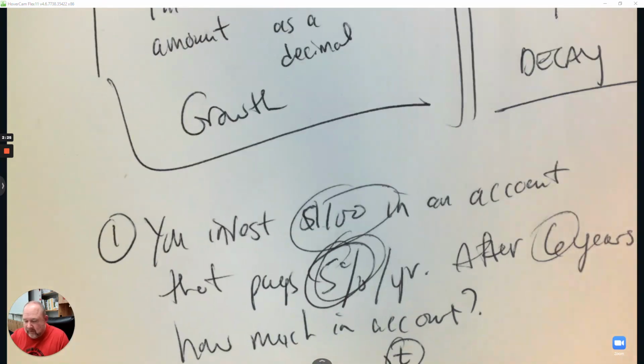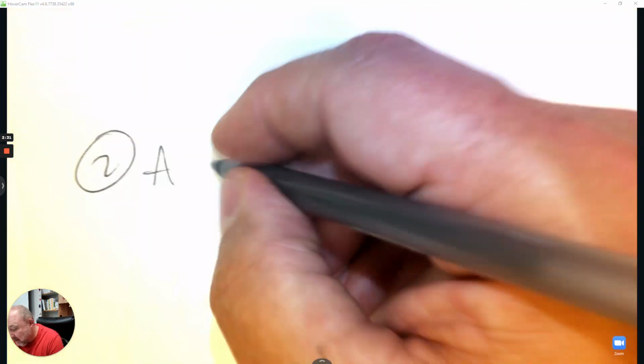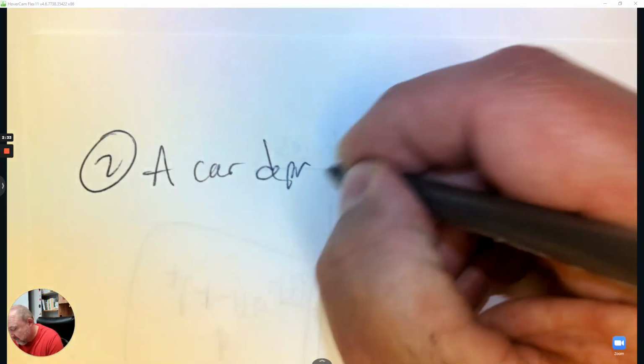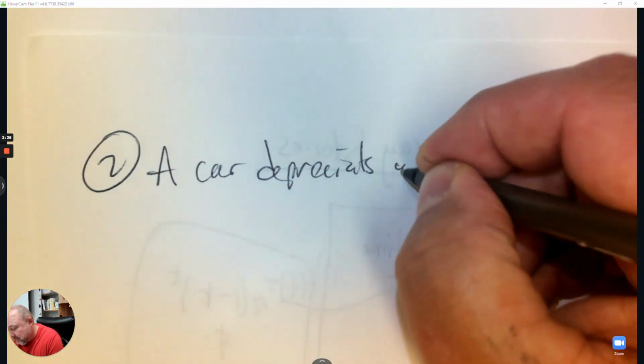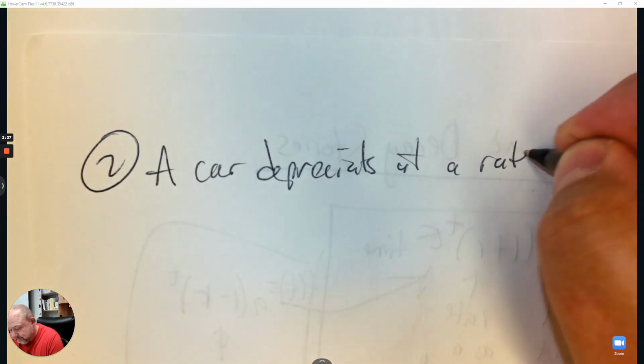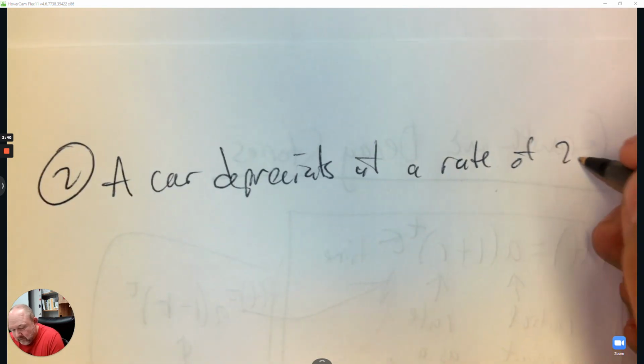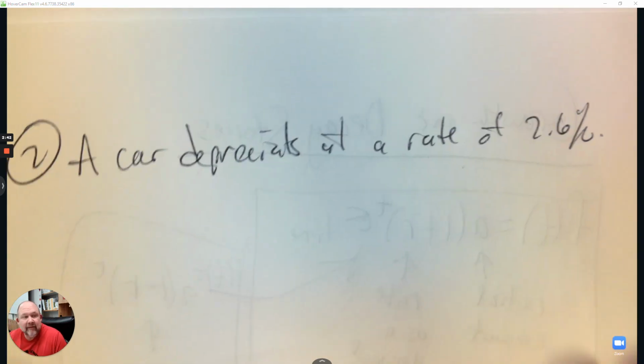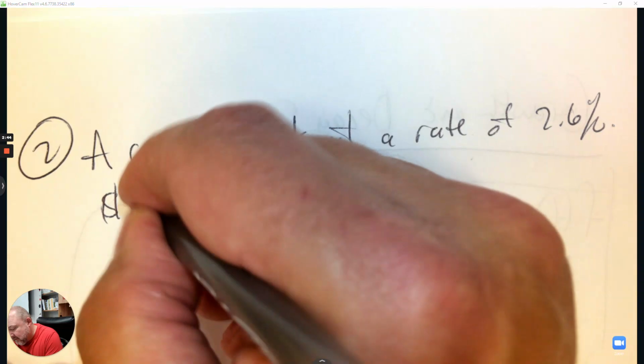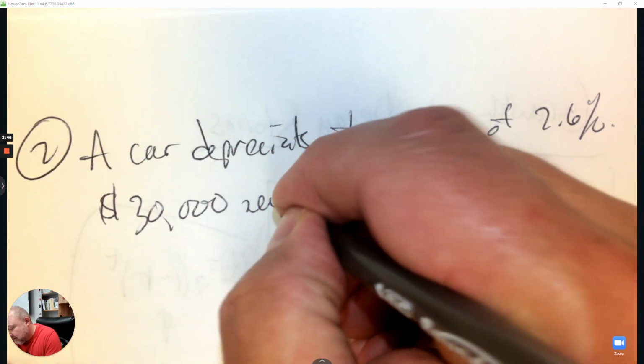How about if you had a situation where it's decaying? So let's say, what kind of things depreciate? So let's say a car depreciates at a rate of 2.6%. And then let's say you had a $30,000 new car.